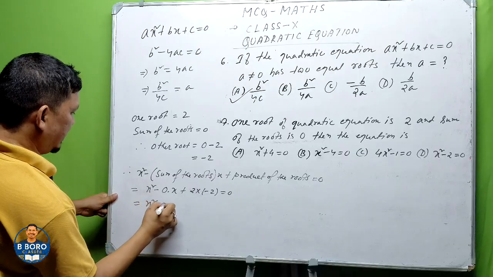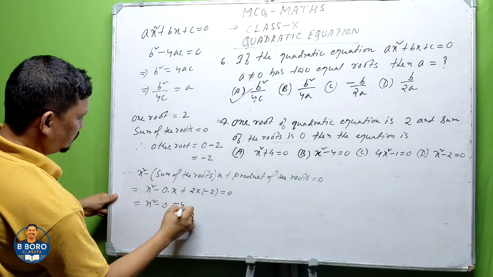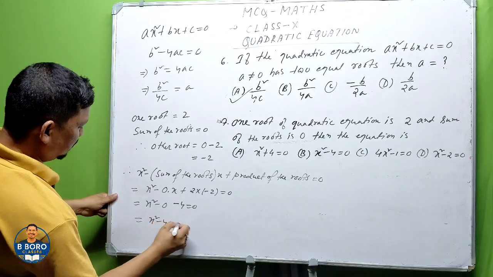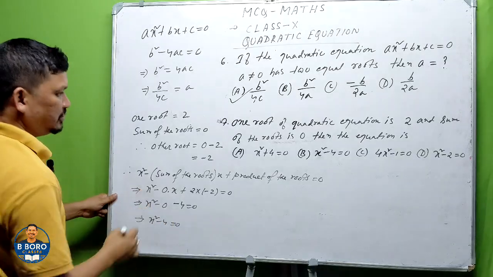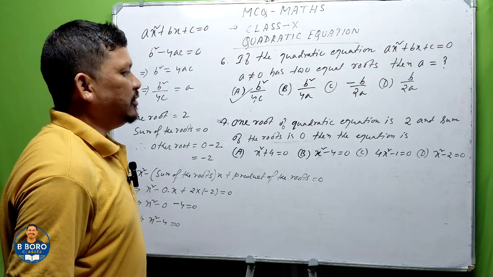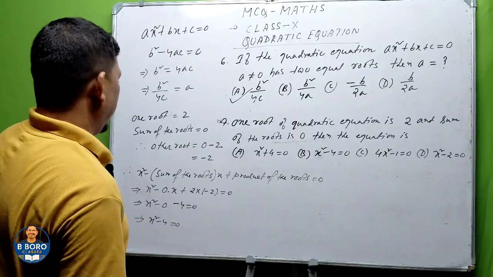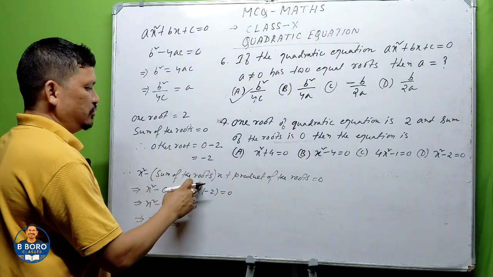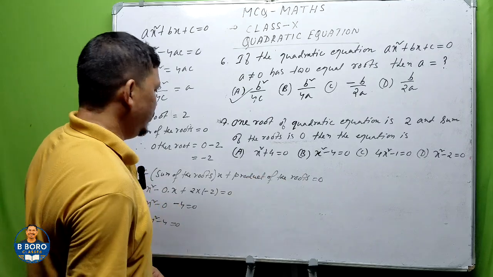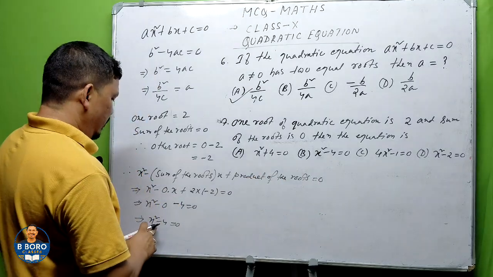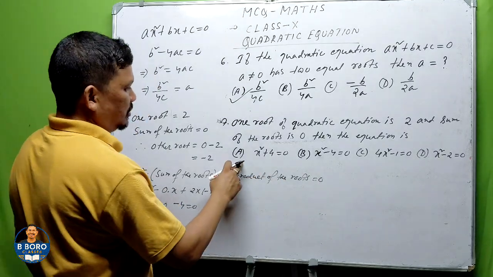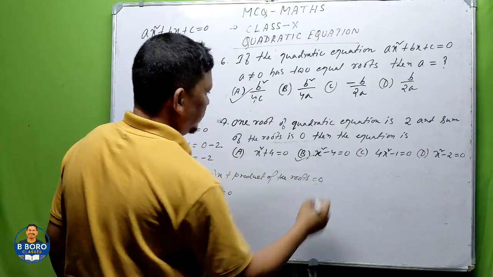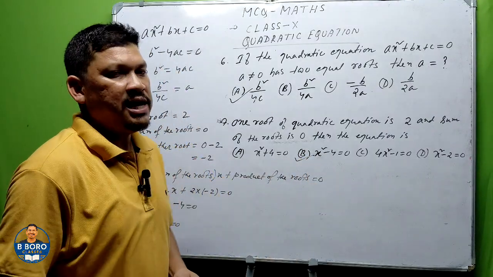So x square minus 0 plus minus 2 into 2 is minus 4, so it indicates x square minus 4 equal to 0. Option A is x square plus 4, option B is x square minus 4 equal to 0. So option B, x square minus 4, is the correct option.